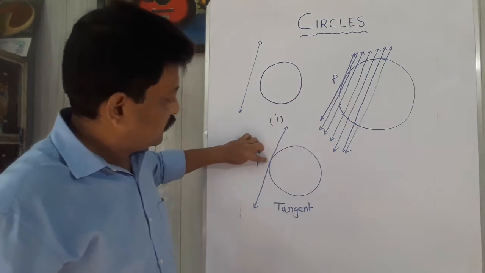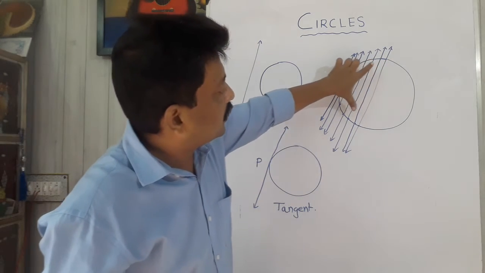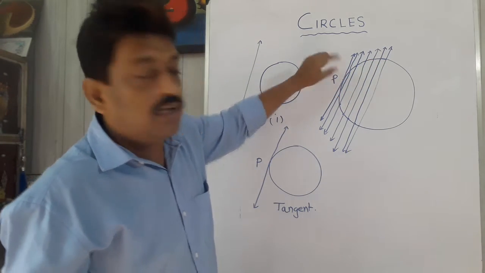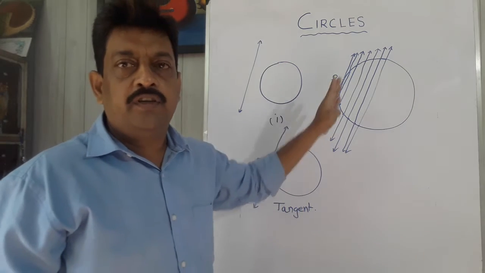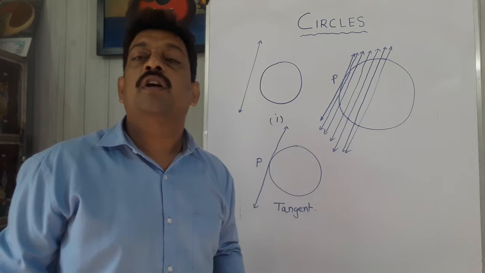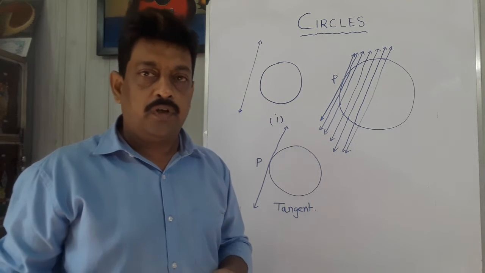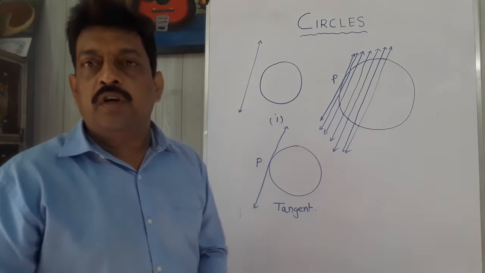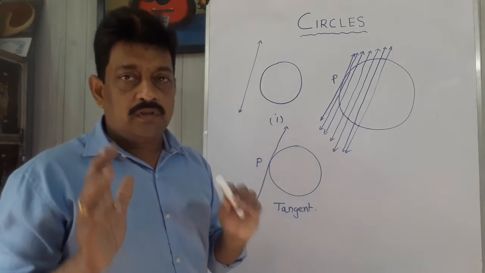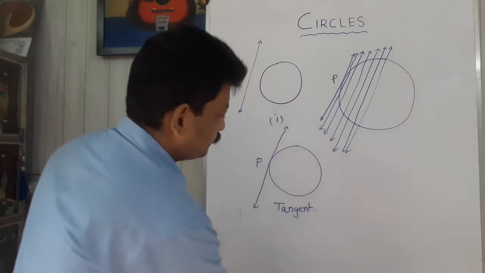See here, the points of intersection are coinciding. We are getting a single point, and through that point if a line is drawn, it becomes the tangent to the circle. Okay, so this is tangent. And now we are going to learn about some properties of tangent.